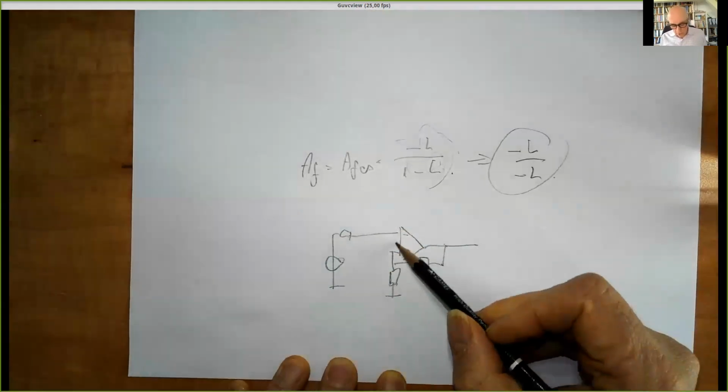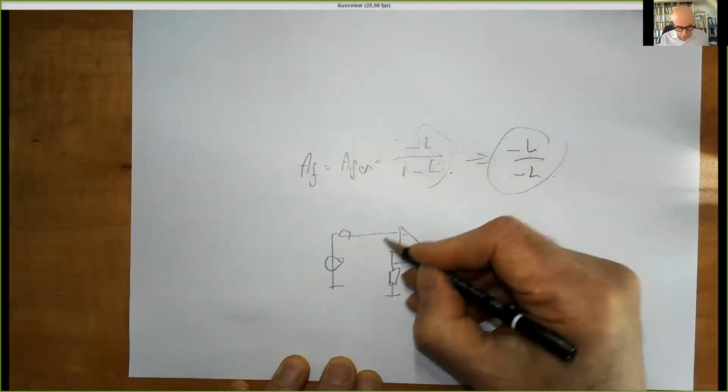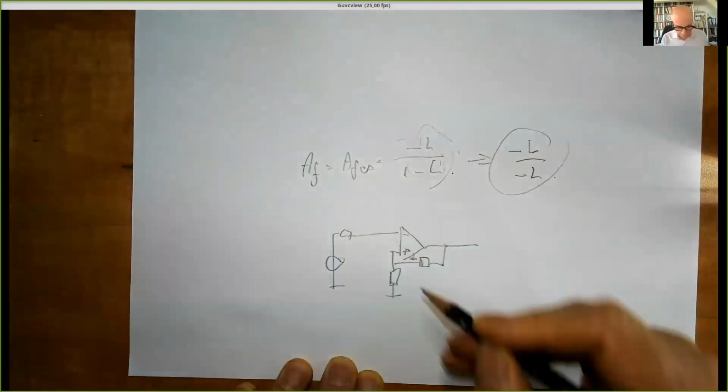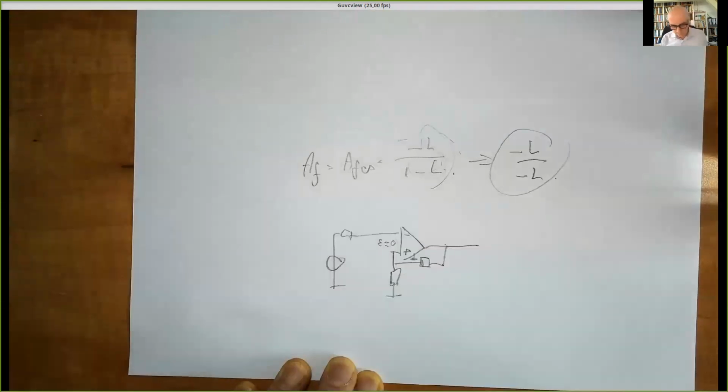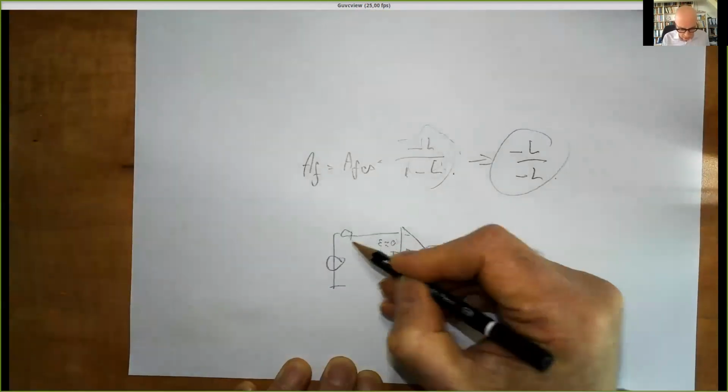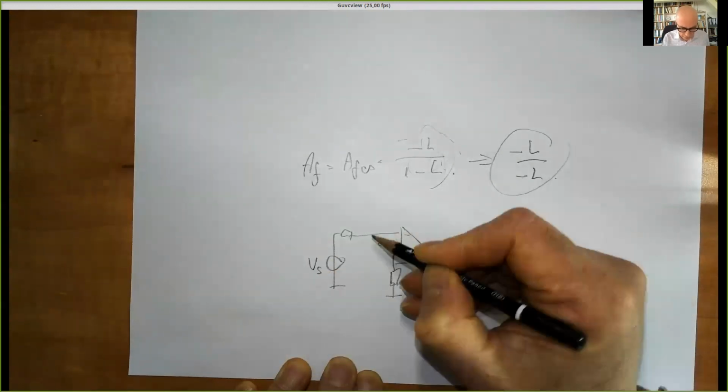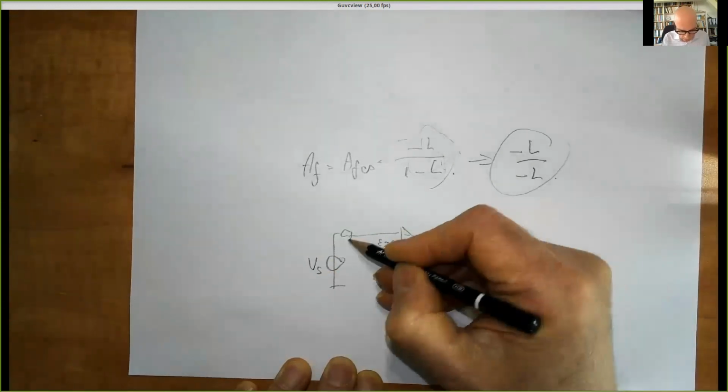If this error signal is very small, so there is a very large loop gain, the error is almost 0.